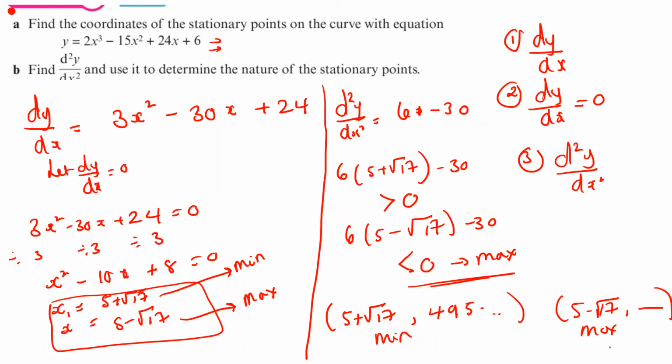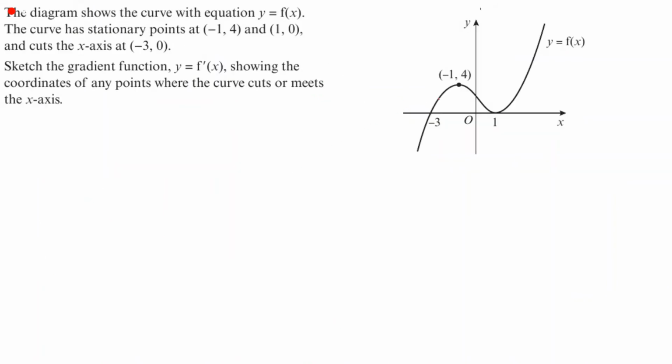Okay, so what that means to us is when we find dy/dx, we're actually finding this value here and this value here, because finding the differential dy/dx gives us the stationary points. What that means is it finds the minimum and the maximum.